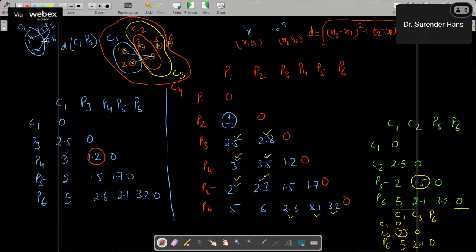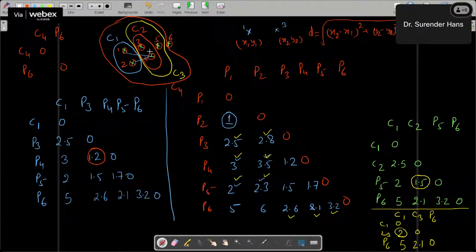So now at the last, so now see here, the last one is C4 and P6. So C4 0, P6 0. Now C4 to P6.